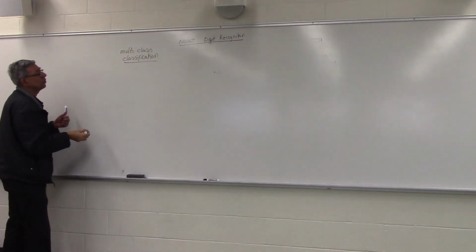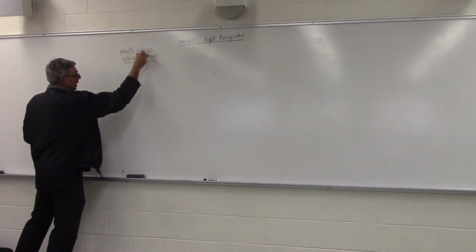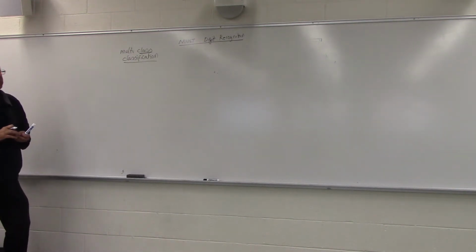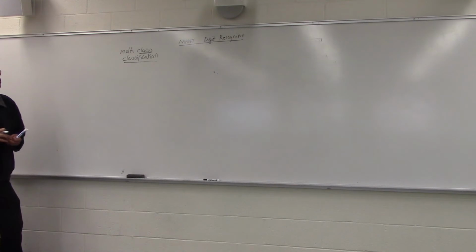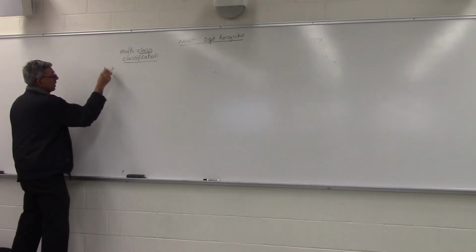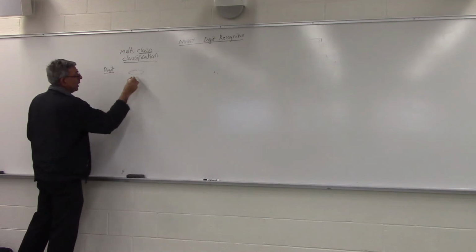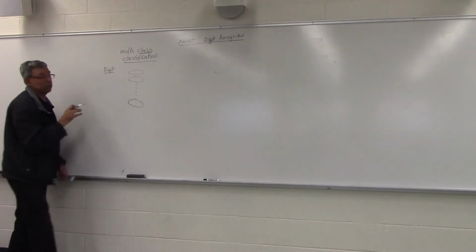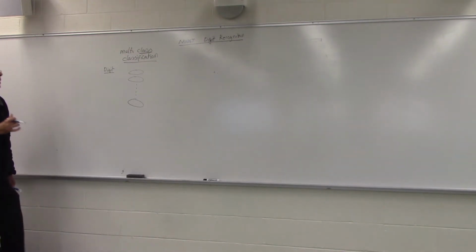Remember, class in the artificial intelligence world means category. For example, in digit recognition, how many categories do we have? 10 categories. That's why the number of output neurons was 10.